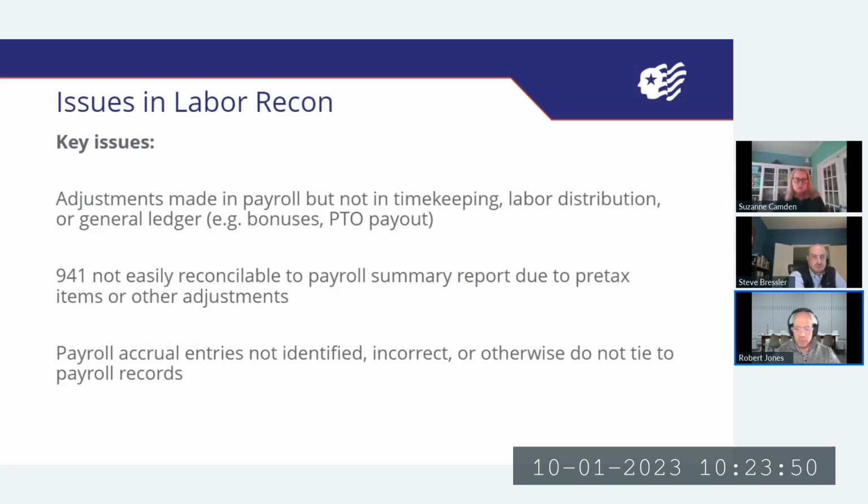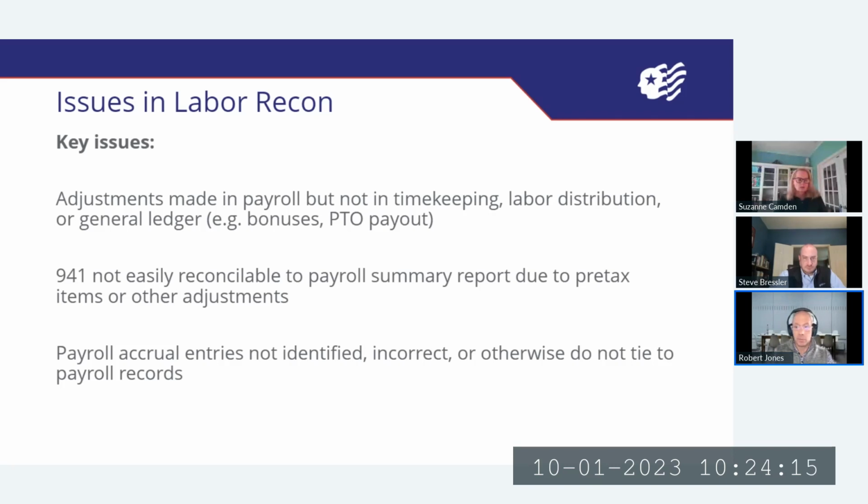Other key issues here: adjustments made in payroll, but not in timekeeping, labor distribution, or the general ledger. A couple of examples are bonuses. What we've often seen is that people will process payroll and go, oh man, add that bonus in here, I'm going to fix it in payroll.